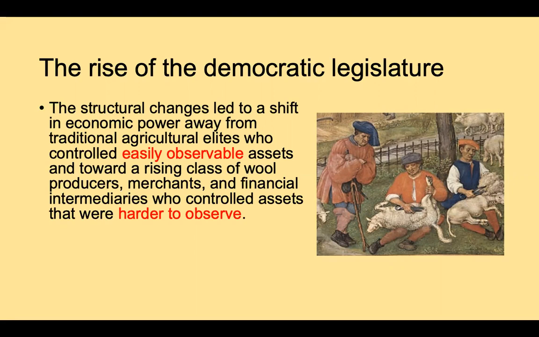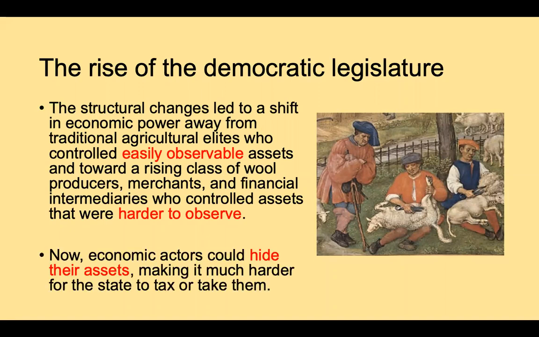This shift to assets more difficult to observe was really, really important, because it meant that suddenly economic actors that previously had to pay heavy taxes to the crown, who could easily observe how much was being produced, could now hide their assets.